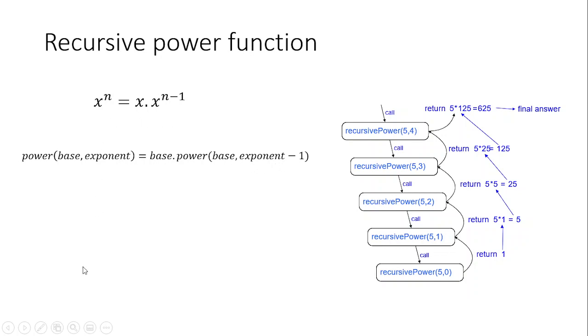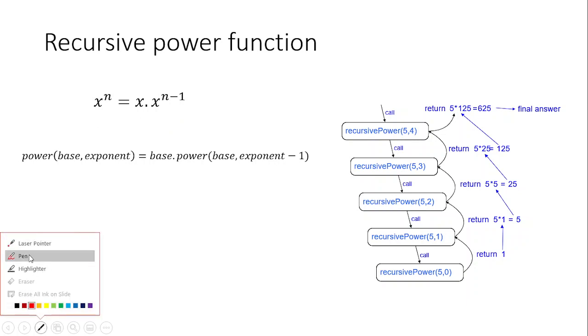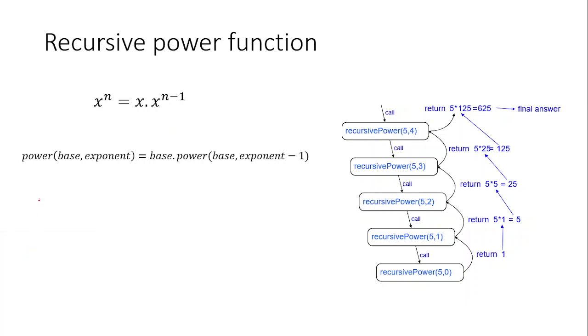For example, if we need to find 5 raised to the power 4, just like the way we are doing it here, you can find the value of 5 raised to the power 4 recursively. Like you can say 5 multiplied by 5 cube.